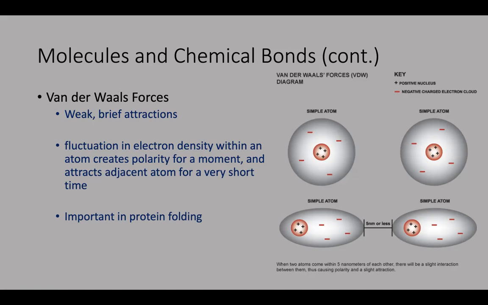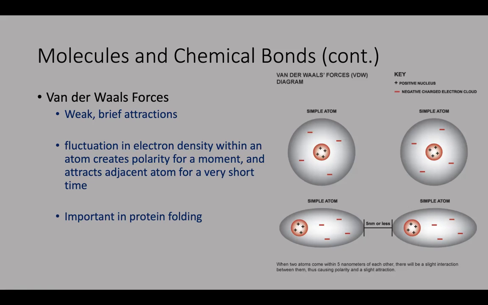So what these are, if we look at a very simple atom, how I've described atoms is this nucleus surrounded by an electron cloud. And in every picture I've shown you so far, the electrons are kind of evenly spread out around that, right? That's not really how atoms are set up. These electrons are constantly spinning around the nucleus.